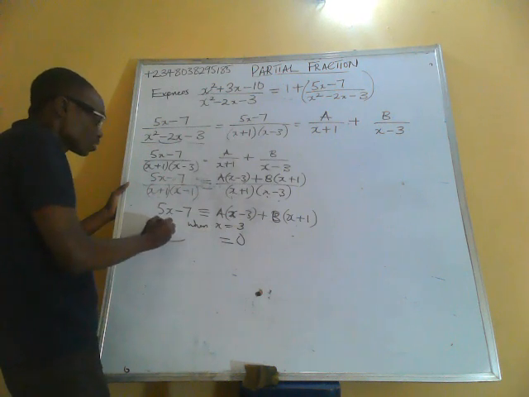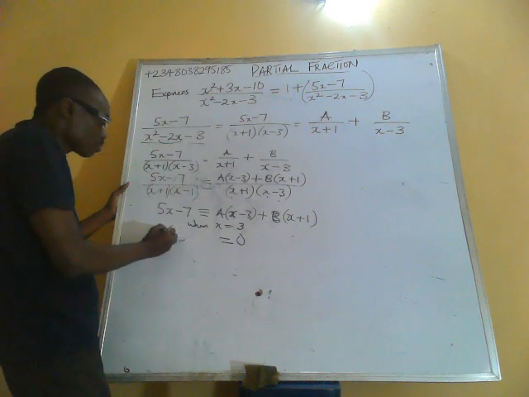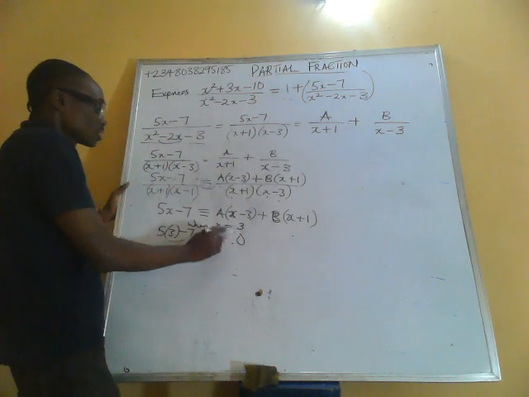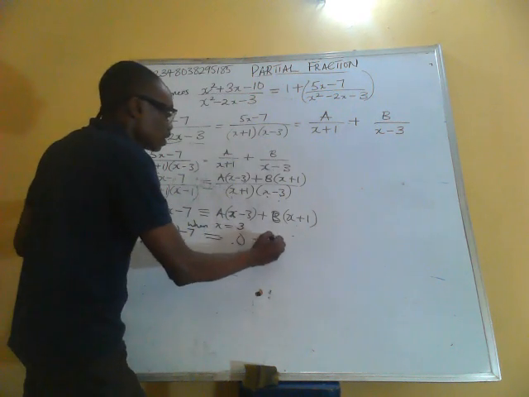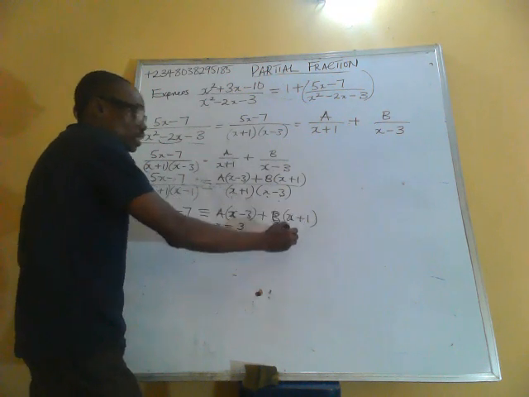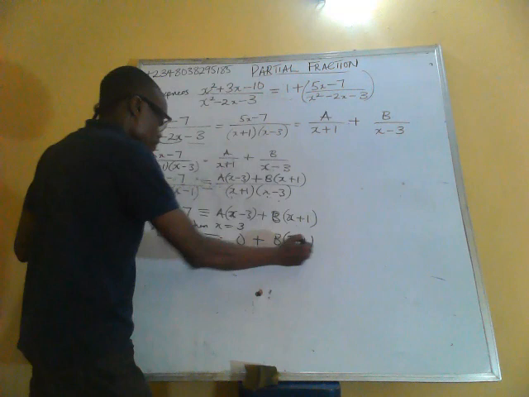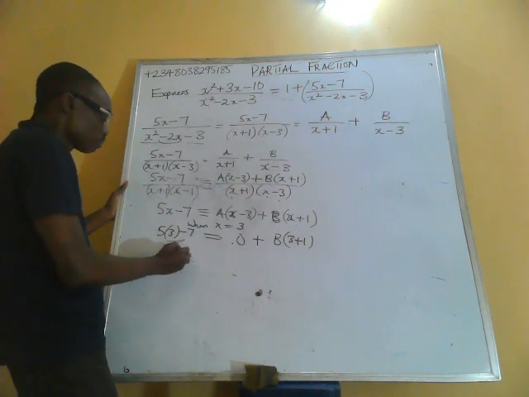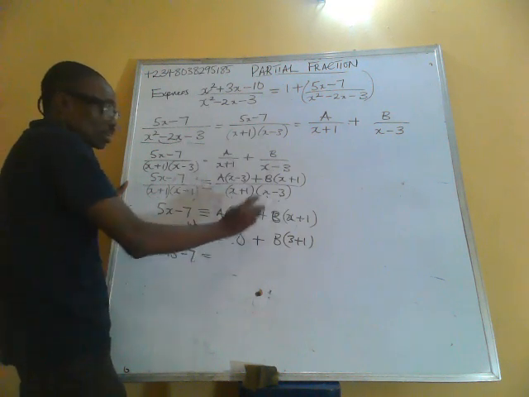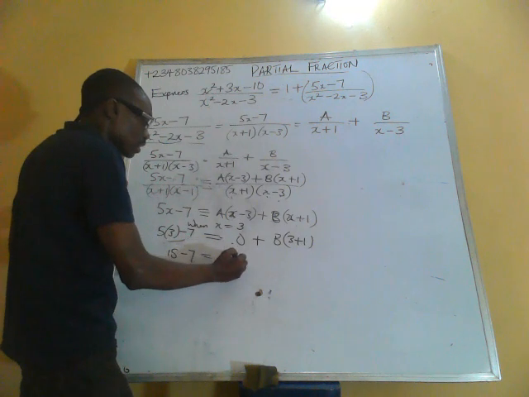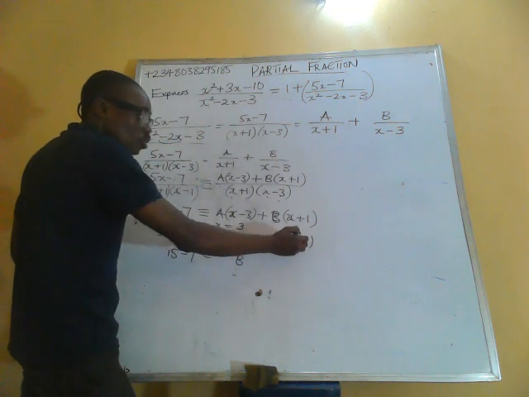So then you have 5x. When x is 3, you have 5 times 3 minus 7 equals 0 plus b times x plus 1. In place of x, you put 3. That is 3 plus 1. So what do you have? 5 times 3 is 15, minus 7 equals, discard the 0, the 0 is of no use. Over there you have 3 plus 1, 4.